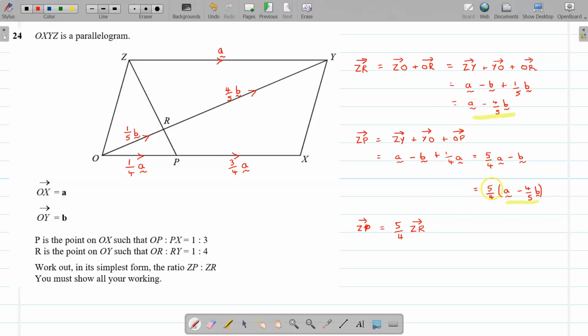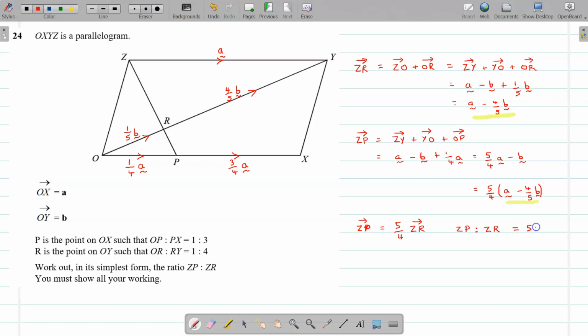If I times it by 5/4, I get ZP. So that means that the ratio ZP to ZR, the lengths of those two lines, you don't actually need the vector lines on there now, because these are now referring to the lengths of ZP and ZR, is in the ratio 5 to 4.